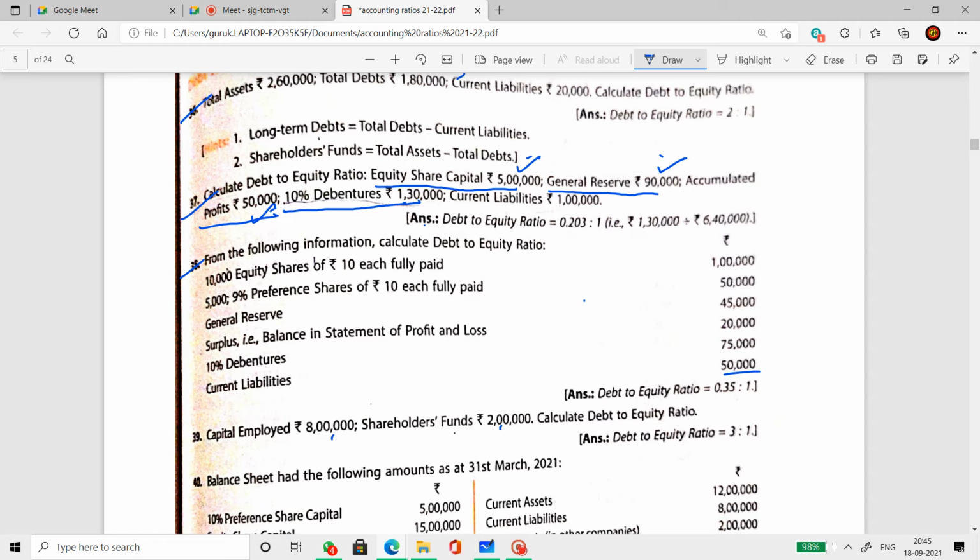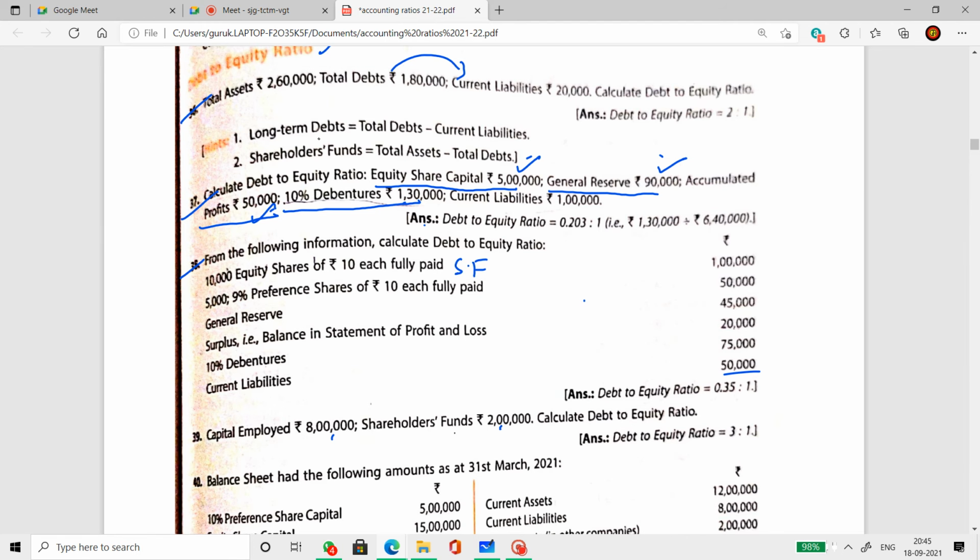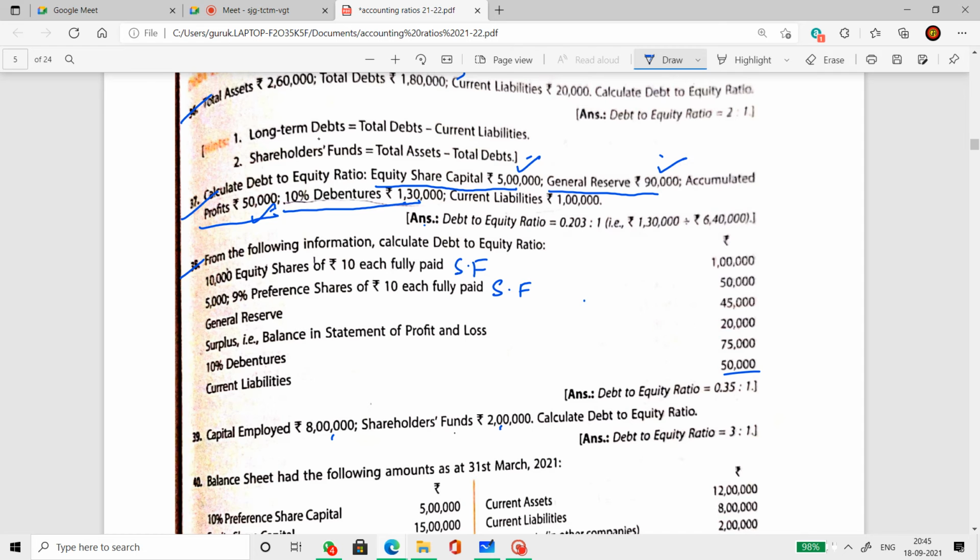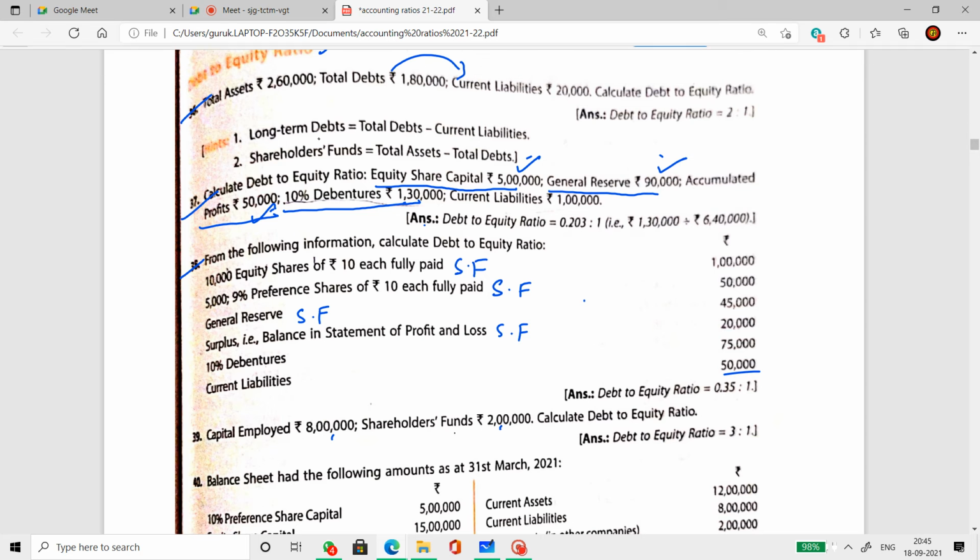Now, out of this, equity, preference, general reserve and surplus will all be part of shareholders fund. All this put together will be your equity, or otherwise shareholders fund total. And long-term debts is only debentures here. So debts will be this. So 75,000 divided by the total of this will give you the debt to equity answer for this question.